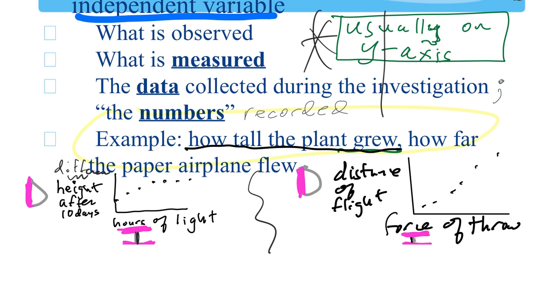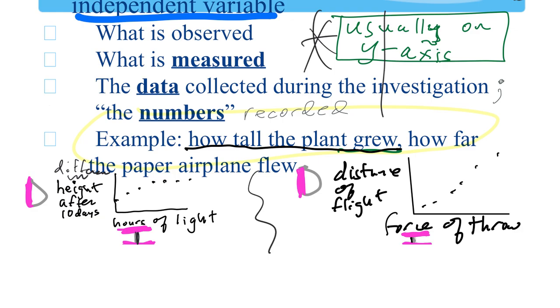Okay, so the dependent variable would be the height of the plants, and the amount of daylight that they got would be the independent variable.